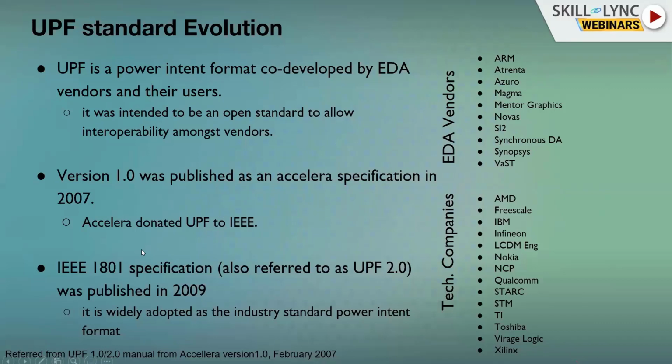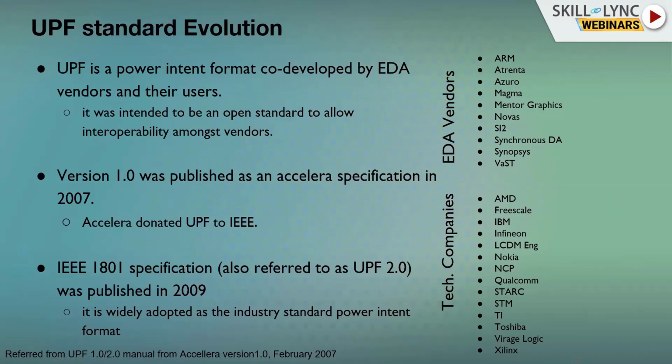There are a few companies which still use 1.0. The major difference between 1.0 and 2.0 is that the constructs are clubbed and made very modular in 2.0, and more construct support is added.